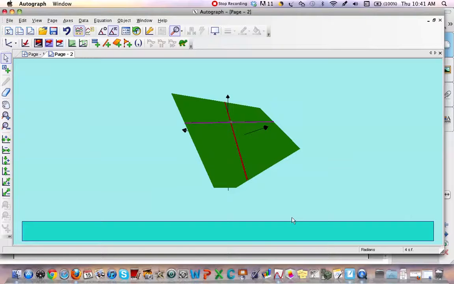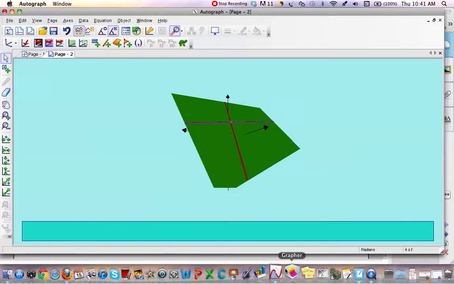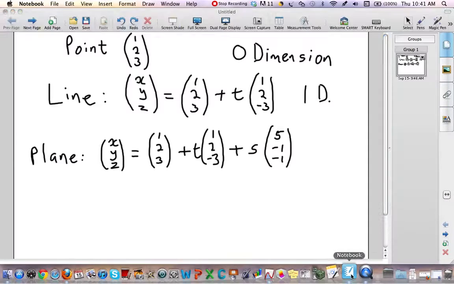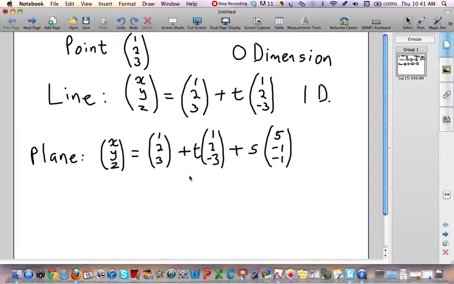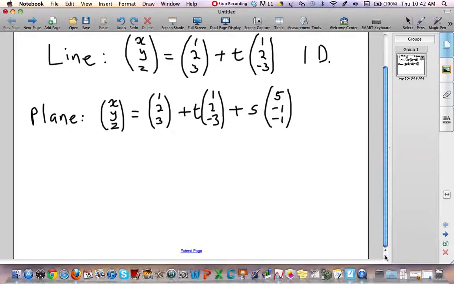Now, the downside or the limitation of a vector equation, or rather an equation of a plane in vector form, is that it isn't particularly user-friendly. And so what we're going to do now is take this vector equation of a plane and we're going to put it into another form.